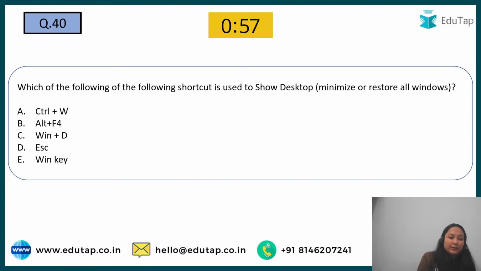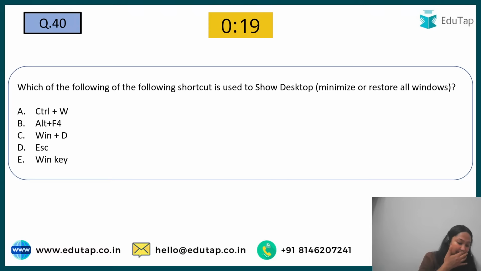Which of the following shortcuts is used to show desktop, to minimize all, or to restore all the windows? Is it Control W? Is it Alt F4? Is it window key and D? Is it escape, or is it window key directly? You will have to tell me what will be the correct answer here. It's directly from the shortcuts. All right, if you guys have access to the computer, I would recommend you one time try to do it on your own, so that you remember it for a very long time.